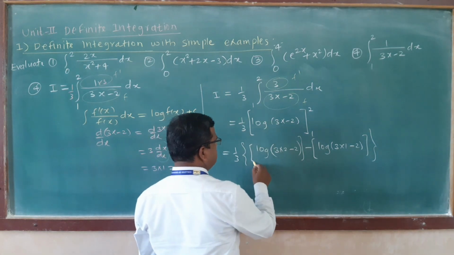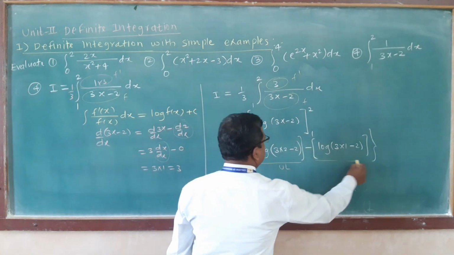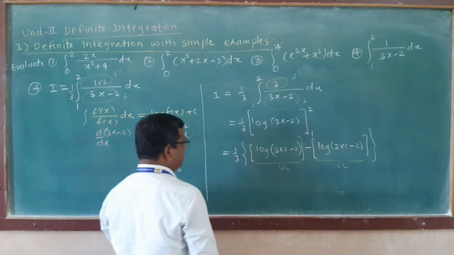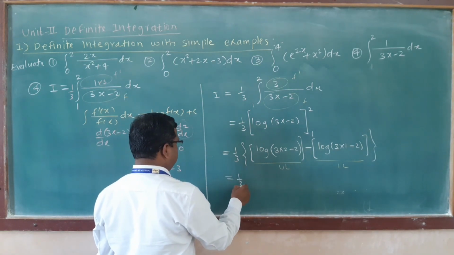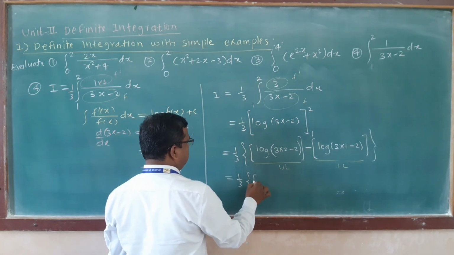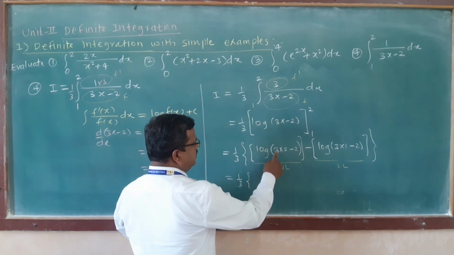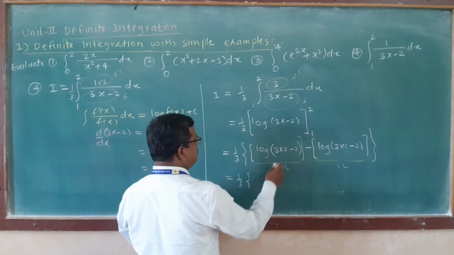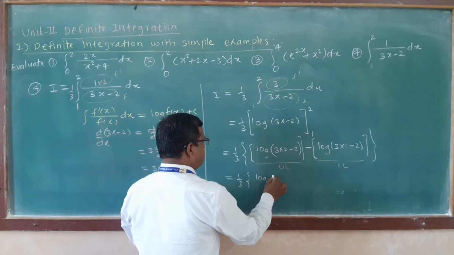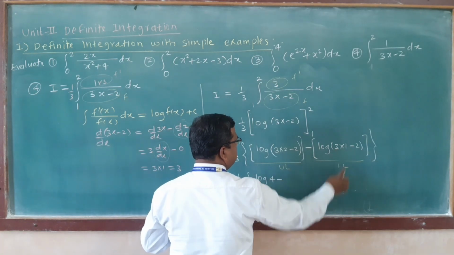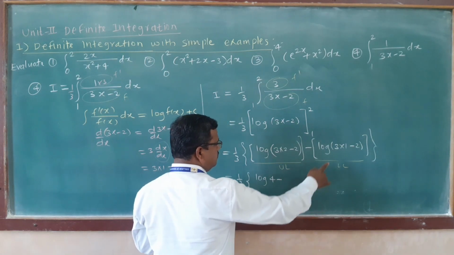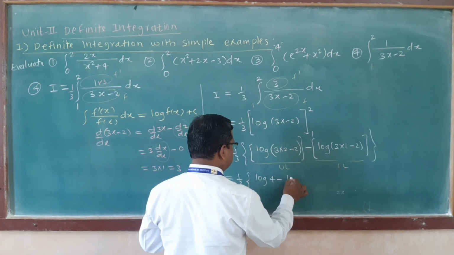So this is upper limit minus lower limit. Which is equal to 1 upon 3 into bracket log of 3 into 2, 6 minus 2 is 4, so this is log 4, minus 3 into 1 minus 2, that is log 1.